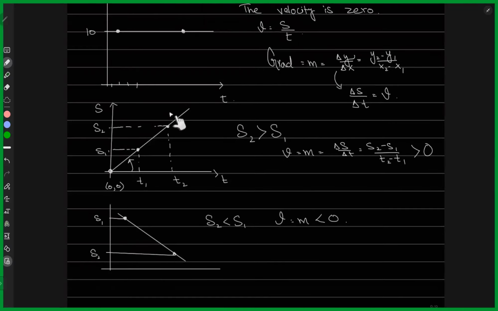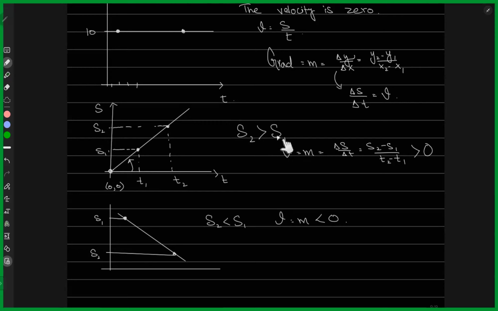This graph shows you a linear increase in the displacement of an object, and so you can see for every increase in time there is an equal increase in displacement. So here S2 is bigger than S1.